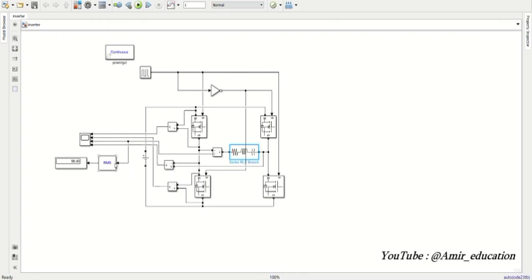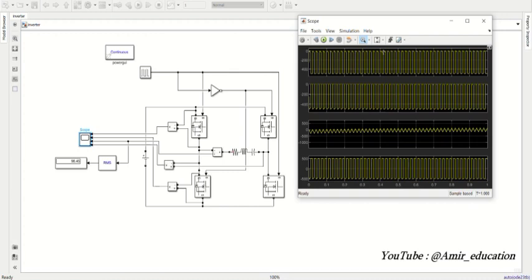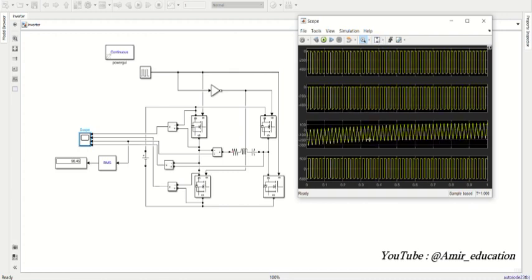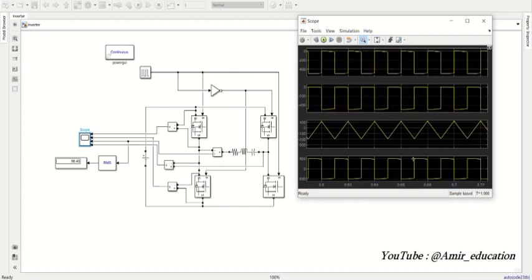That's alright. Our current value is approximately near to what I expected. So now let's discuss our waves.